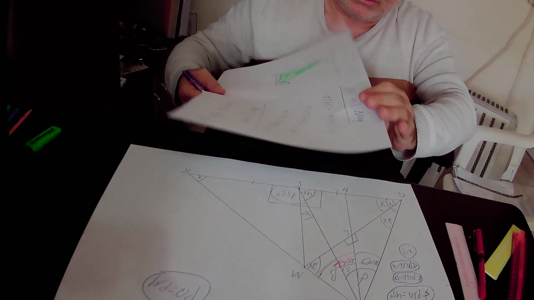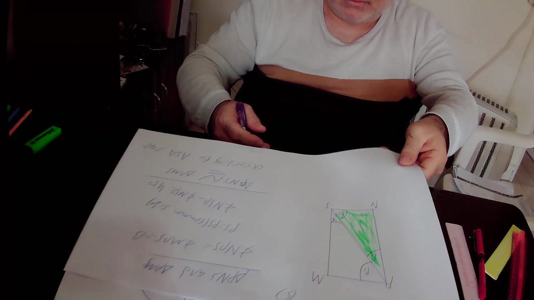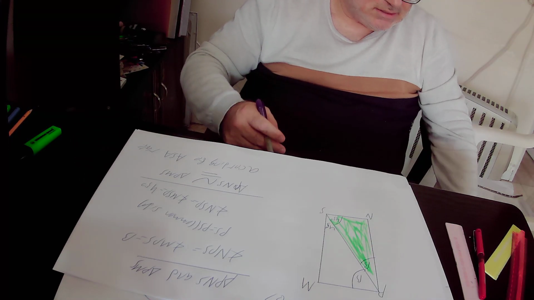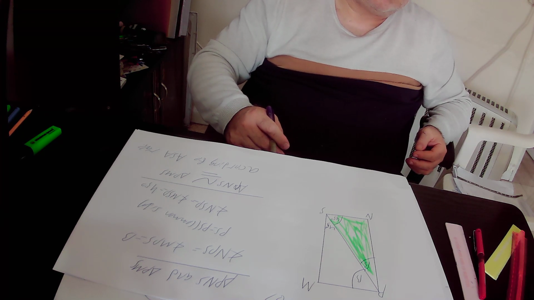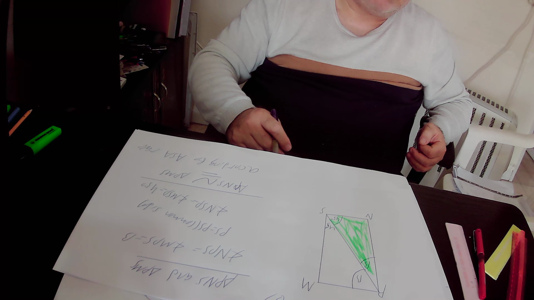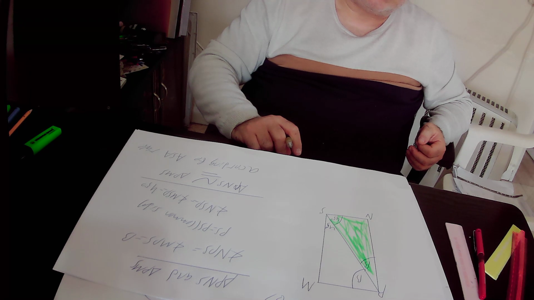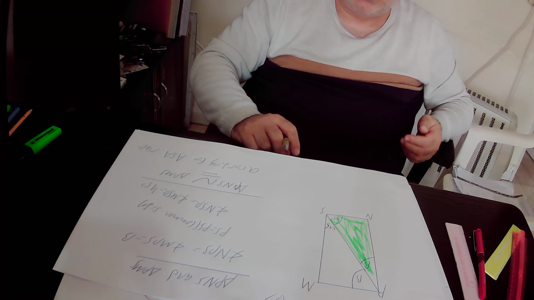Angle side angle rule is that if you prove that two angles and the side included between them in one triangle are congruent to two angles and the side included between them in another triangle, then you prove that those two triangles are congruent to each other according to angle side angle rule.